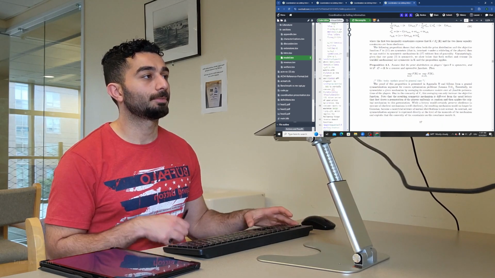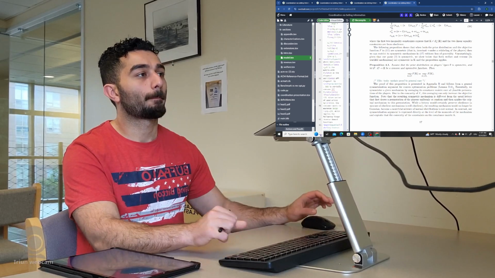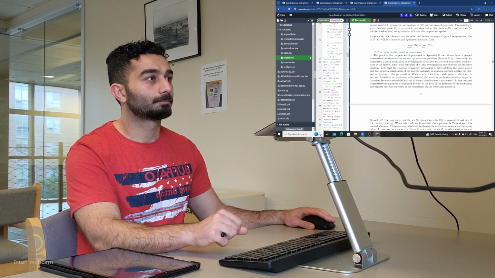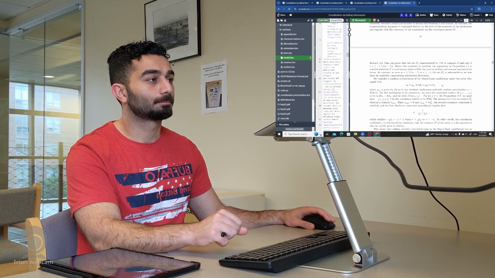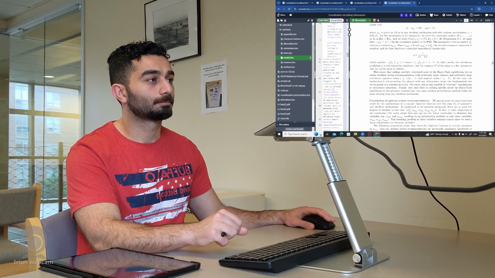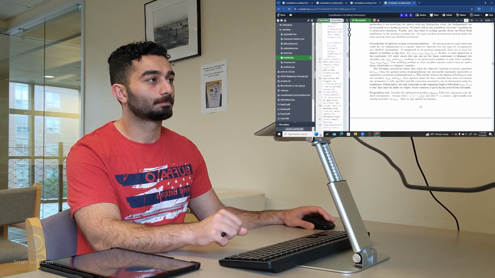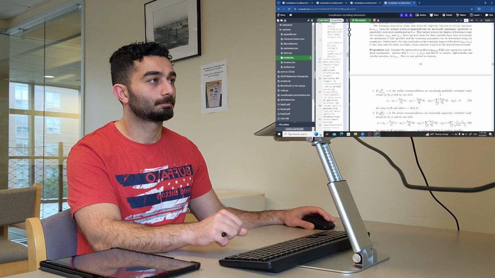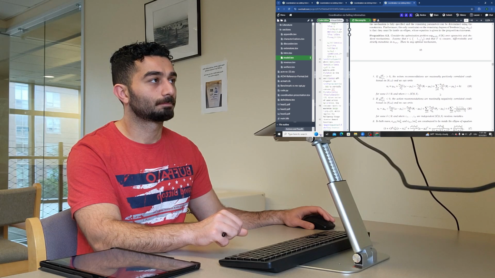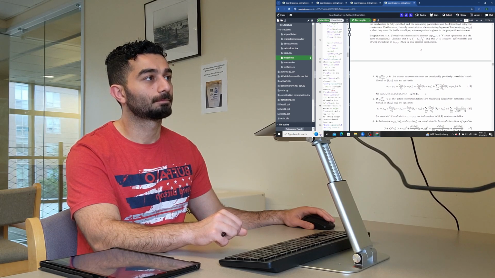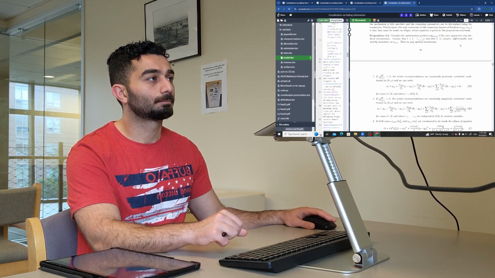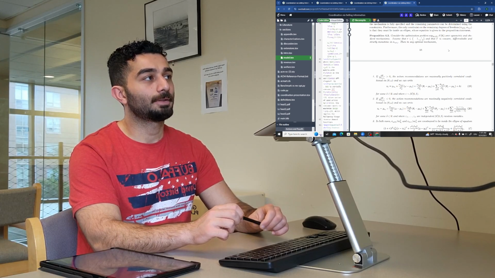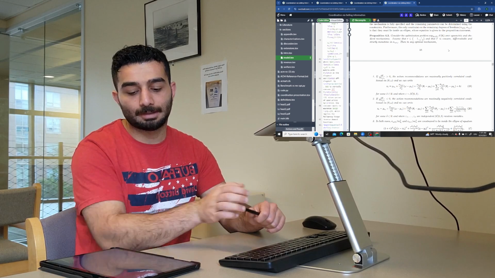Assume the prior distribution on players. Well, f is concave, which is linear here, right?